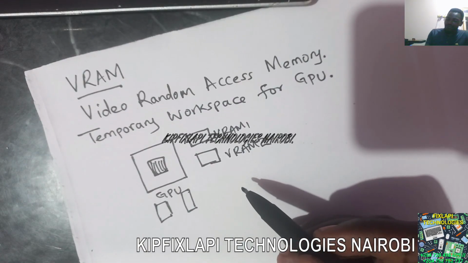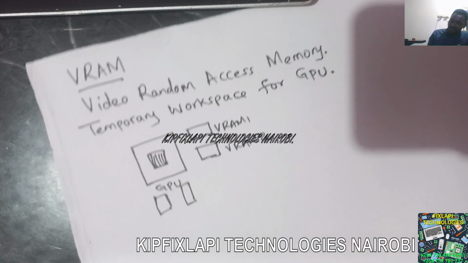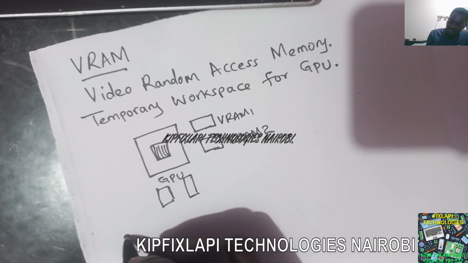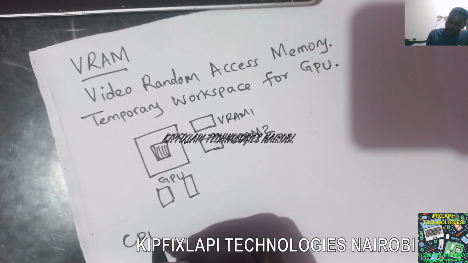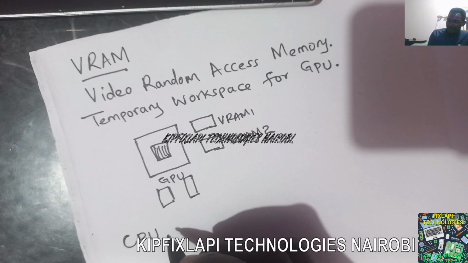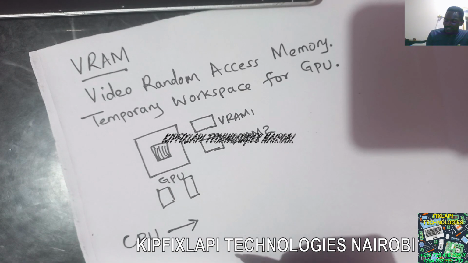So how does this VRAM work? The first thing, we have the CPU. The CPU is the central processing unit of a motherboard, the brain of a motherboard. The CPU sends the necessary logic information or commands into where?